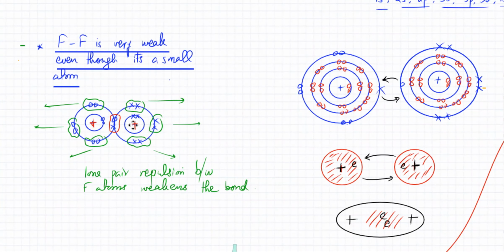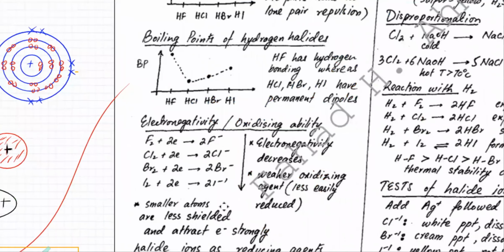Fluorine atom, its nucleus is more exposed and it will be more strongly attracted to electrons from the other atoms. So the point is, when you go down the group, the electronegativity decreases, the tendency to gain electrons decreases, and they become weaker oxidizing agents. Anything that's getting reduced is acting as an oxidizing agent.